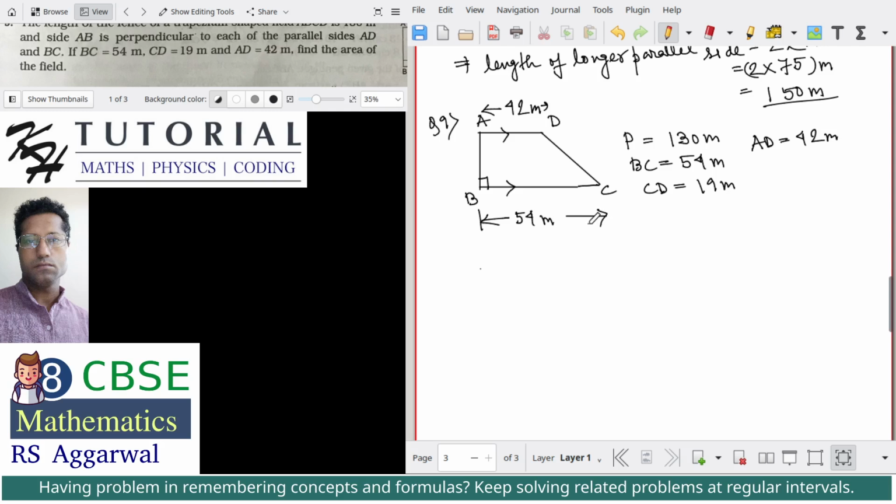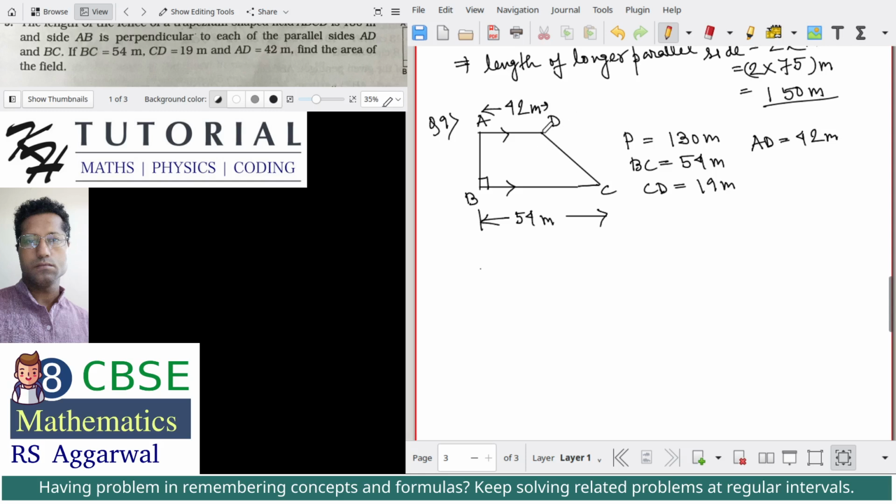CD is also given. We need the height. We know the length of the parallel sides. We just need the height.